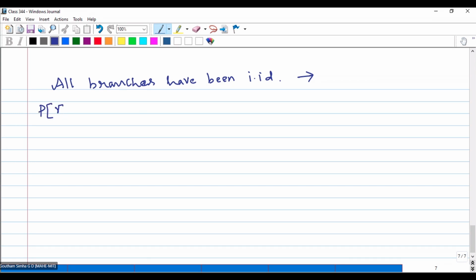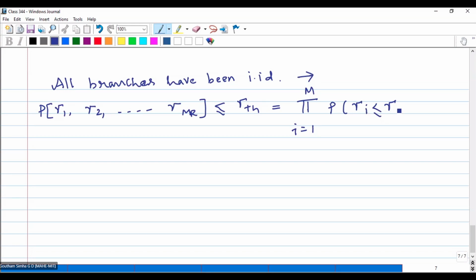Probability of gamma 1, gamma 2, so on and so forth, gamma MR up to MRth receiver, you need to find out which is less than the gamma threshold. So this can be written as the product of i equal to 1 to M, 1 to MR also you can write, probability of gamma i less than or equal to gamma threshold.